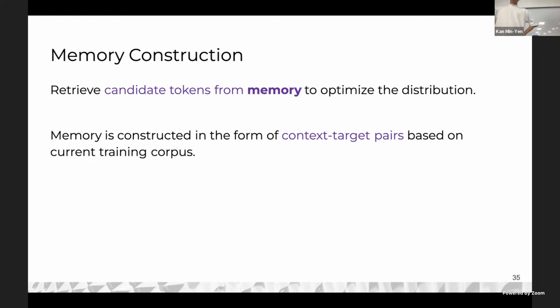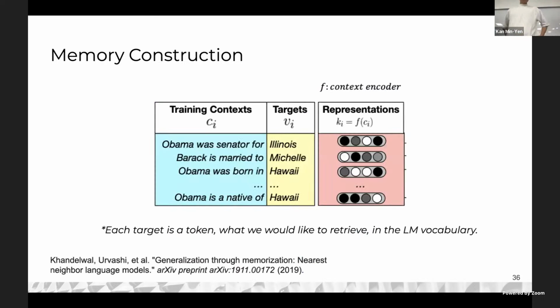The memory is constructed in the form of context-target pairs, or we can say key-value pairs, based on the current training corpus. Here's an example. On the left are the training contexts and targets are in the middle. Each target is a token, and that is what we would like to retrieve. These tokens are all in the language model vocabulary.